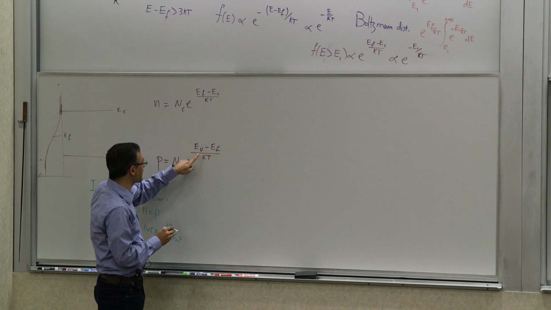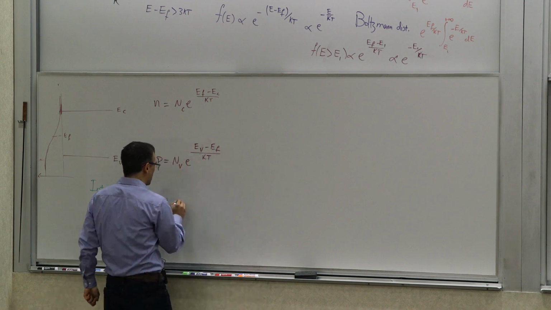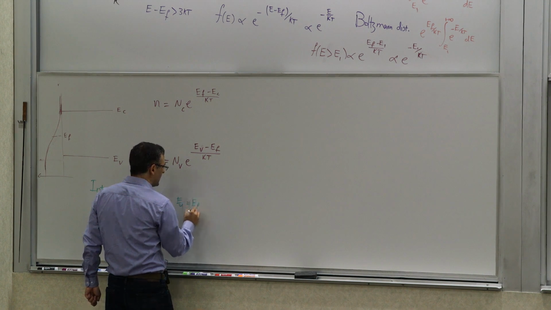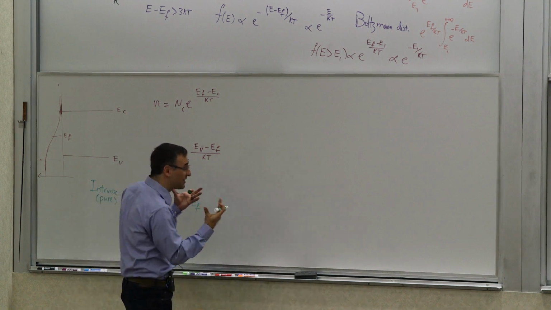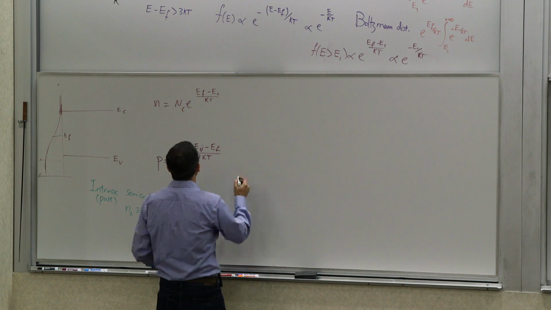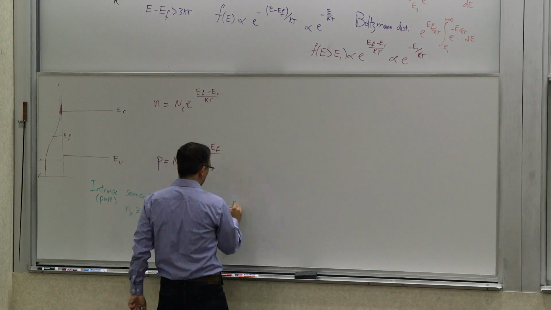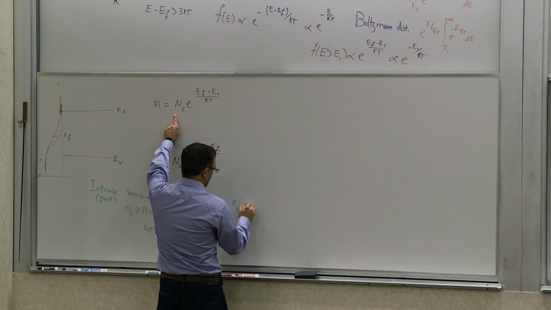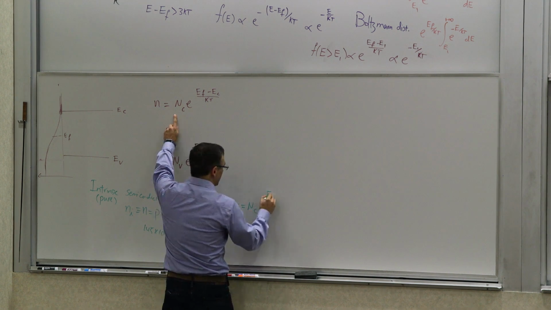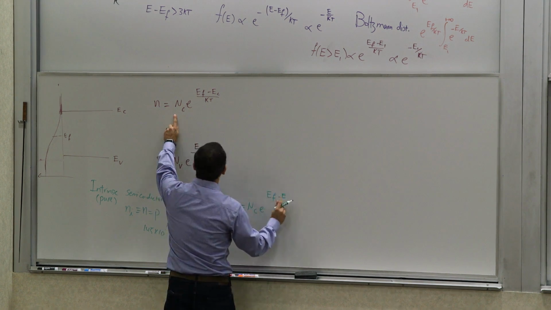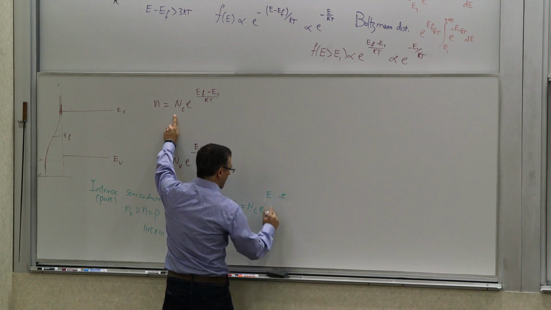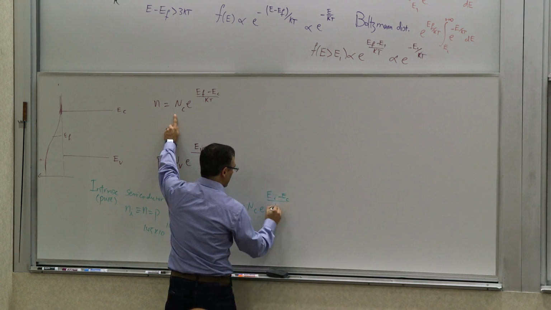So in that case, the Fermi level associated with that we call EI. So EI is the Fermi level for the intrinsic semiconductor. If I plug this in here, for the intrinsic semiconductor, I get ni equals NC e to the (EI minus EC) divided by KT.